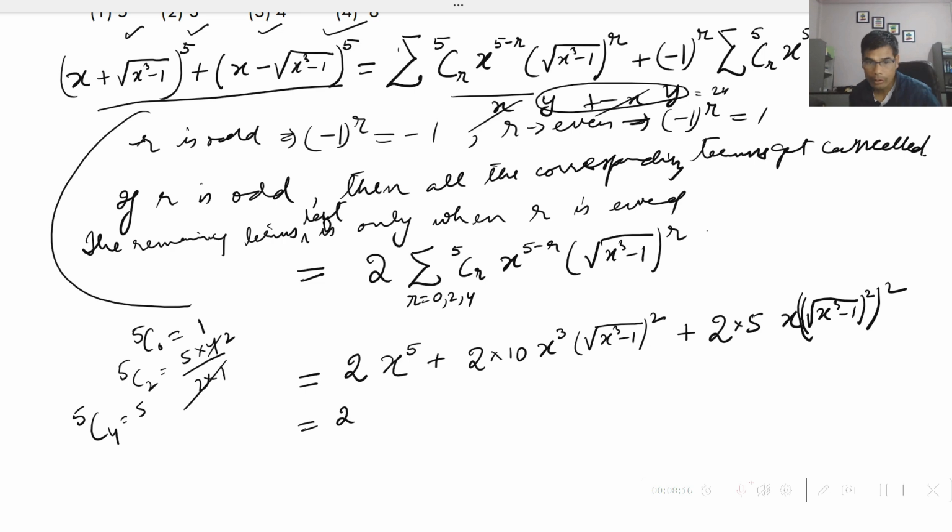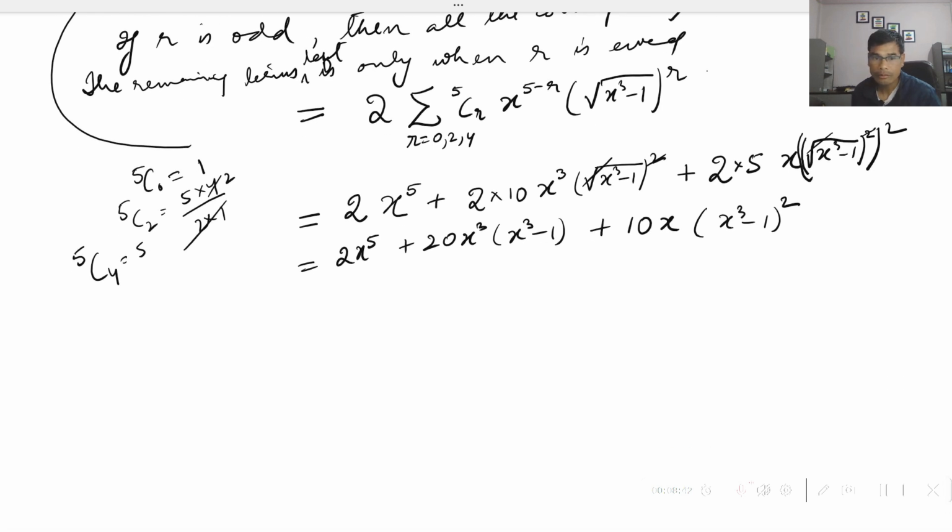So this is equal to 2x to the power 5 plus 20x cubed. Now here square and root cancel, so we are left with x cubed minus 1 only, plus 10x. Again square and root cancel, so we are left with x cubed minus 1, again this whole thing to the power 2.